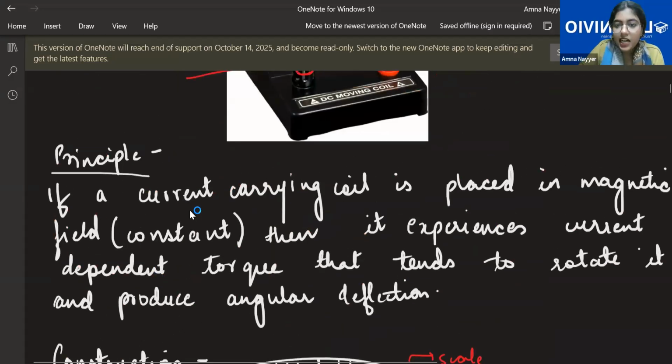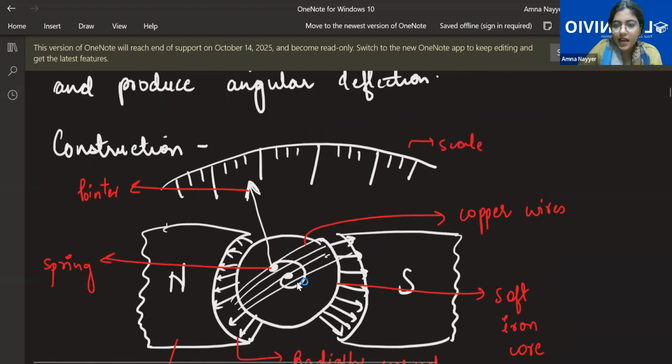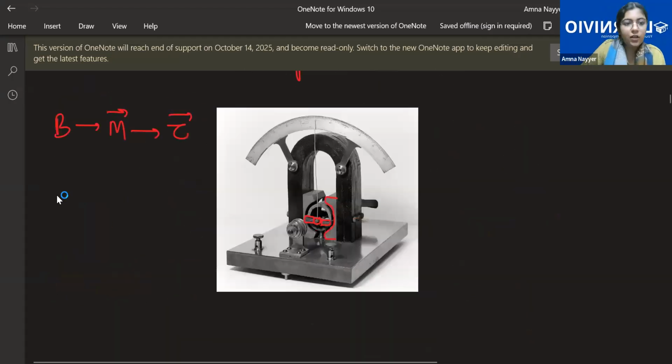See, if a current carrying coil, this coil which has the copper wire, has current existing, what was the formula of torque that we saw? Yes, torque is equal to NIAB sin theta is the formula.